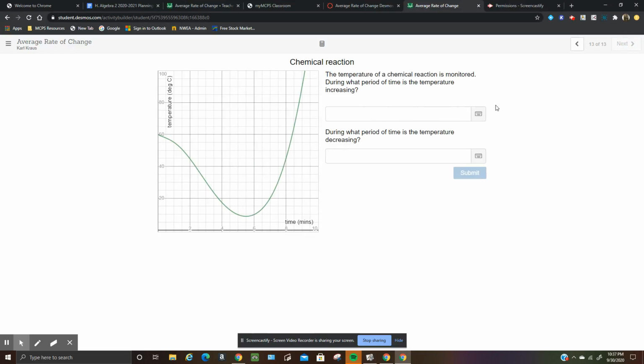Okay, the temperature of a chemical reaction is monitored during a period of time. During what period of time is the temperature increasing? So from right about here, 5.5, to a little bit more than 9.